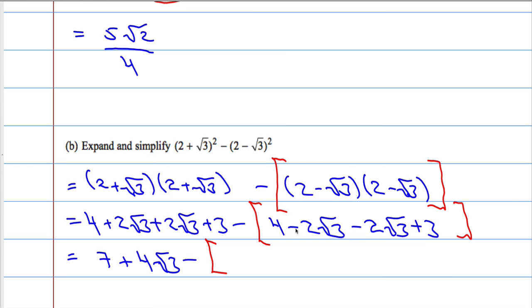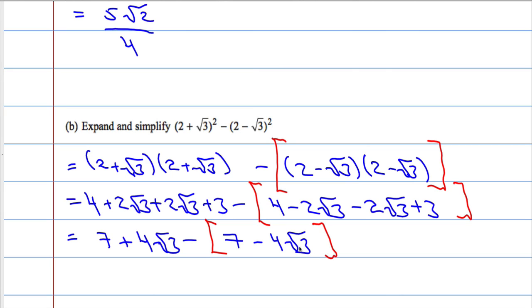So 4 plus 3 is 7. And then minus 2 root 3 minus another 2 root 3 is minus 4 root 3. And now hopefully you can see why I was protecting everything in here with these red brackets. I can now introduce the minus sign. So we got 7 plus 4 root 3.